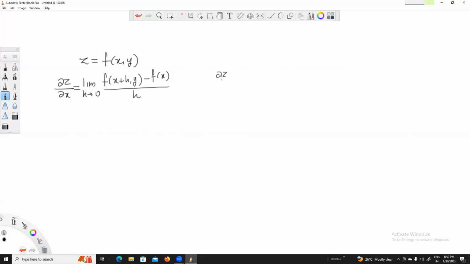And at the same time, we had another independent variable. So we defined the partial derivative of z with respect to y as the limit, now k tending to 0, of f with y perturbed by a small amount k, minus f of x comma y, divided by k. So this is how we define the partial derivatives. All right, so these are the definitions of partial derivatives.